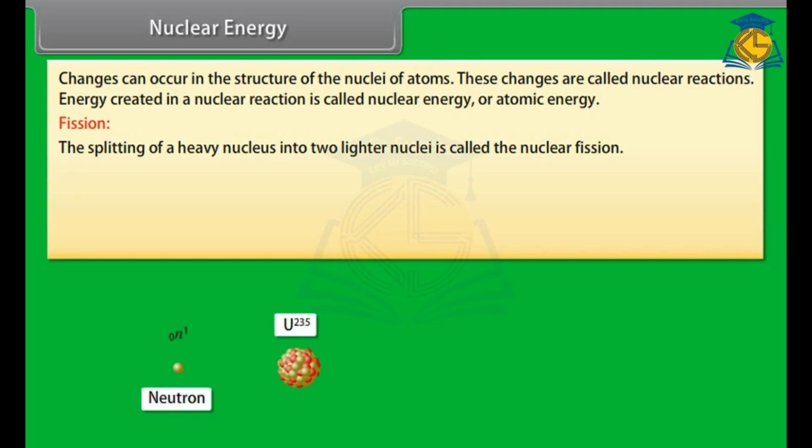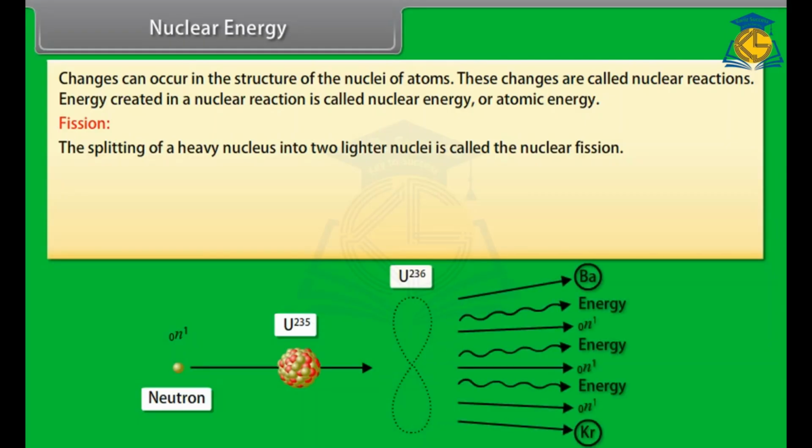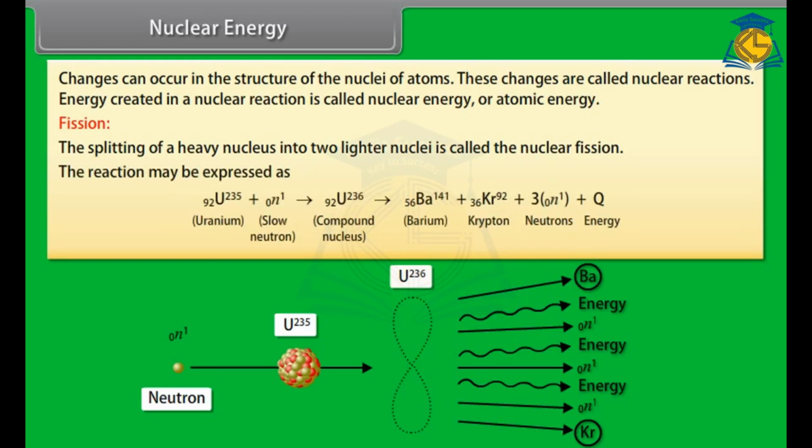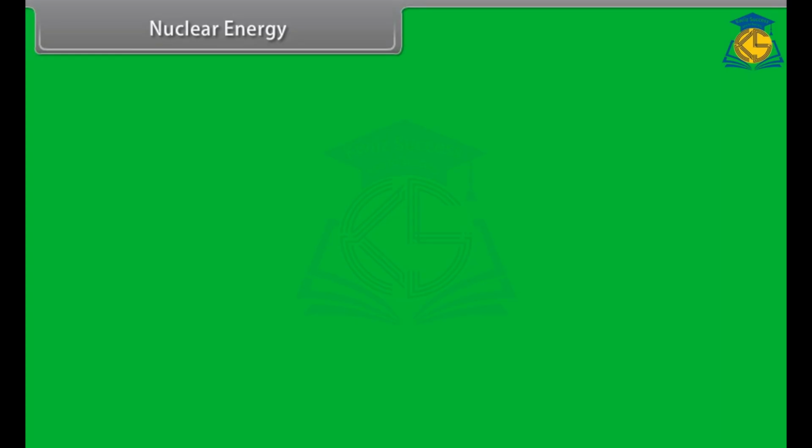When a slow neutron strikes a uranium-235 nucleus, it is absorbed by the nucleus and an unstable isotope of uranium, U-236, is formed, which immediately breaks into two fragments, emitting 2 or 3 neutrons with release of enormous amount of energy. The reaction may be expressed as follows.